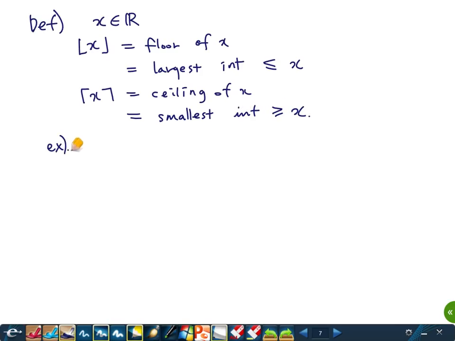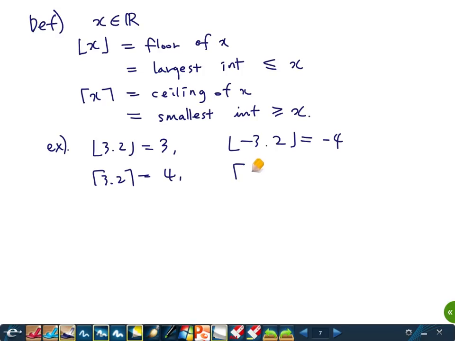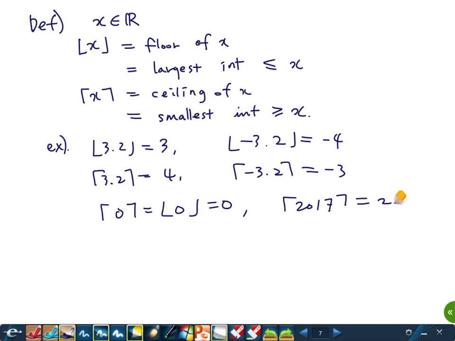So we saw the floor of 3.2 equals 3, and the floor of minus 3.2 equals minus 4, and the ceiling of 3.2 equals 4, the ceiling of minus 3.2 equals minus 3, etc. And if this is an integer, like 0, it is 0. Ceiling of 2017 is 2017.